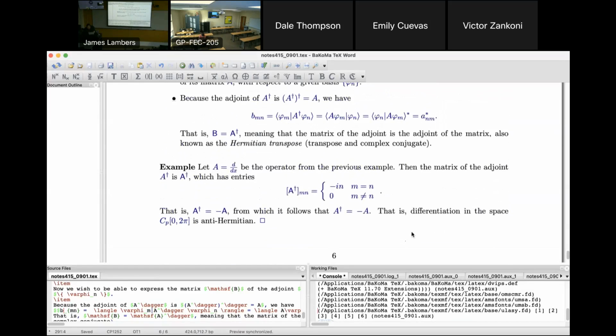Oh, okay. Last thing in the notes. So that's an example of that. So A is the first derivative operator, and the matrix of this operator turned out to be a diagonal matrix. So to take the adjoint, all you're doing is taking a transpose, which keeps the diagonal matrix a diagonal matrix, but then you have to take a complex conjugate, so this becomes a minus.